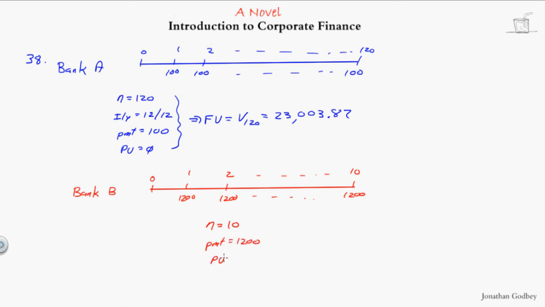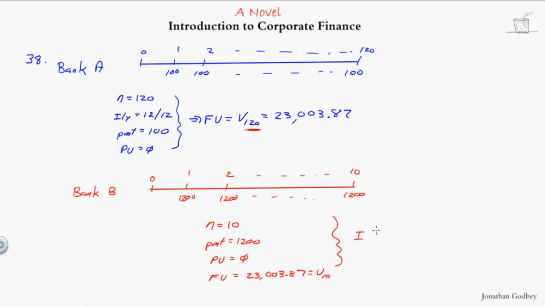You start out with nothing, but those payments need to be worth $23,003.87. That's because V120, there's 120 months, which is the same thing as the value at year 10 here, which is the value when these payments stop.